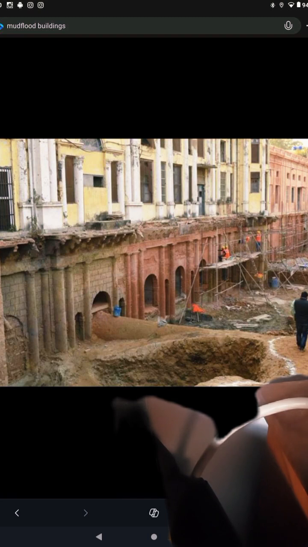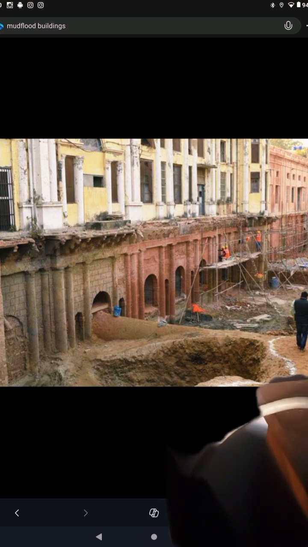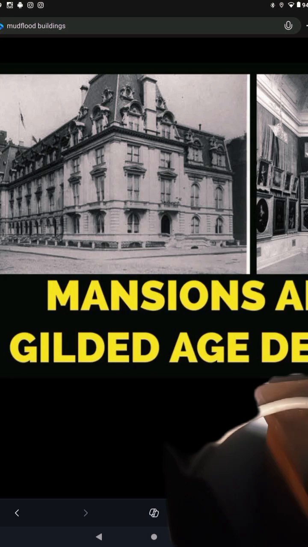People say, where did this mud come from? I think there's probably a hint in the word mud flood. I believe it's probably a flood and then sediment, but a controlled flood perhaps. The idea of liquefaction, of vibrating the earth so it can cause things to sink. Nothing sank.